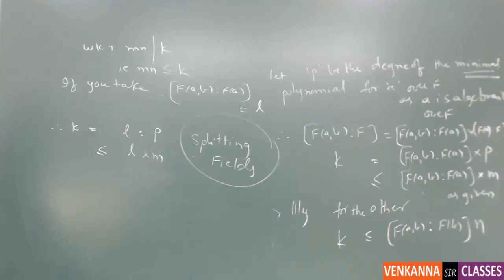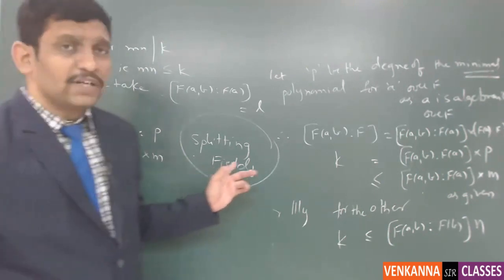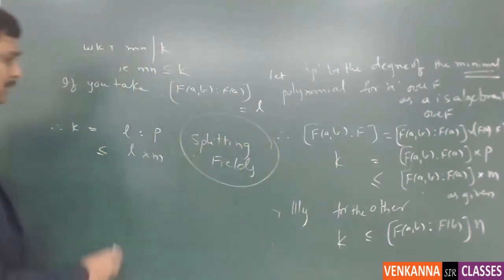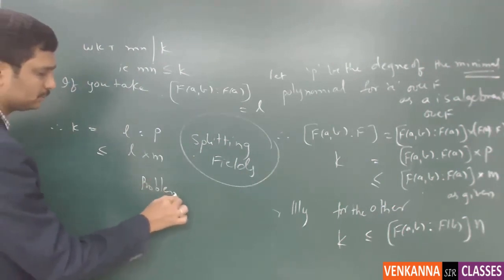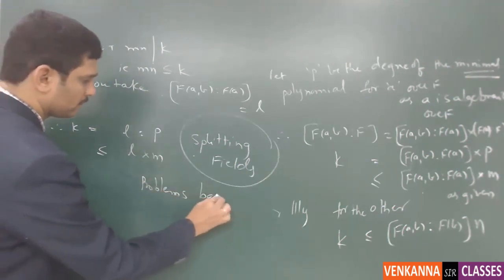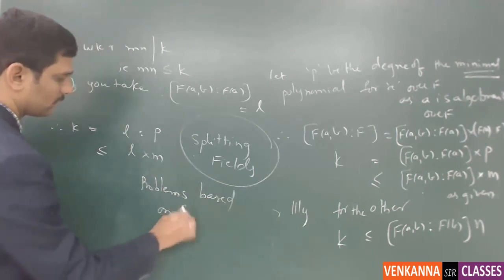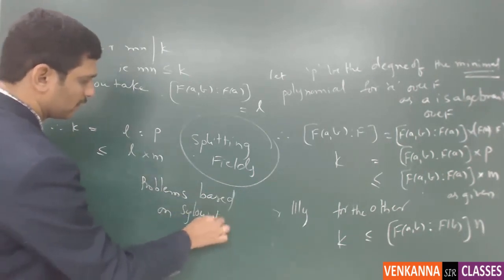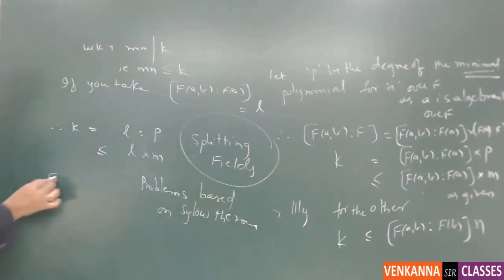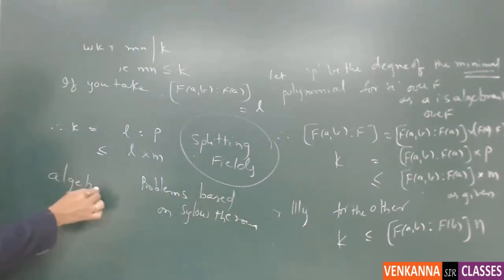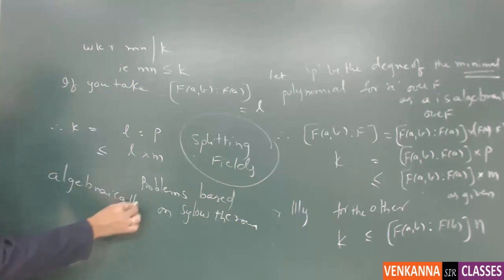Tomorrow's topic will be on splitting fields. After this splitting fields, we have one more thing, problems based on Sylow theorems. And there is one small concept called algebraically closed fields.